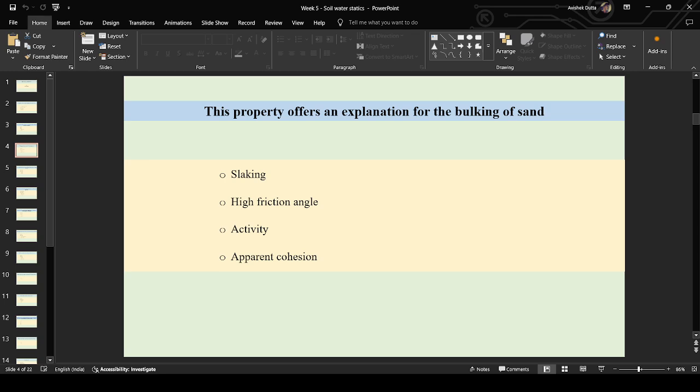Last option, apparent cohesion. Which of these properties is responsible for the bulking of sand? I hope the question was clear. I'll go to the next question.